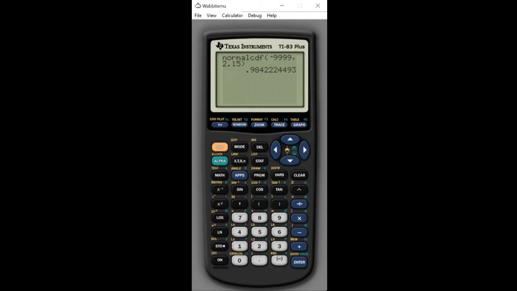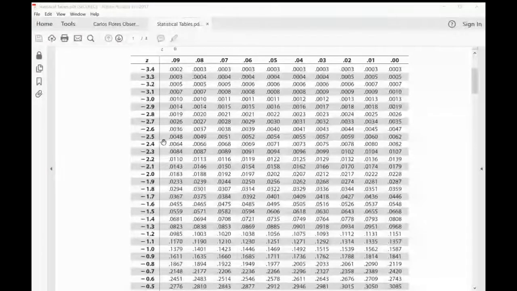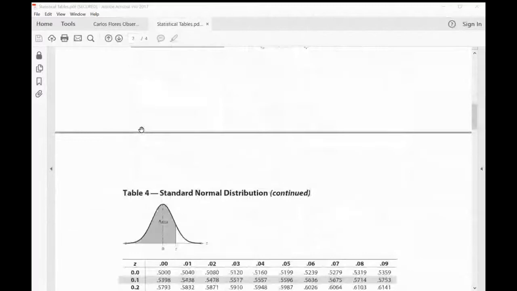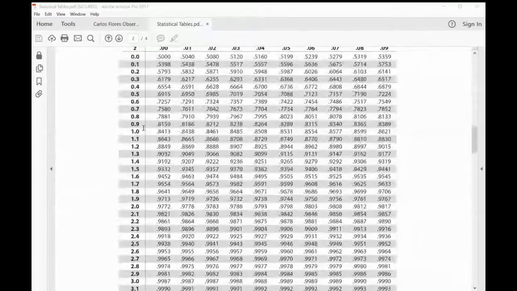And now I'm going to show you, using the table, do I still get 0.9842? If I stop sharing this part here, and I come back to my table, here we go. The number we wanted was 2.15. If you notice, these numbers here are all negative. I need to get to the positive part.